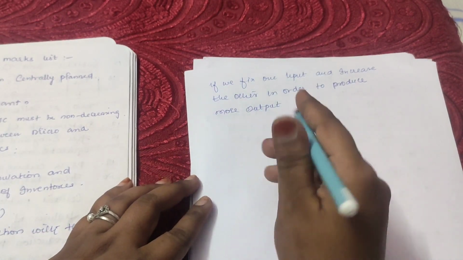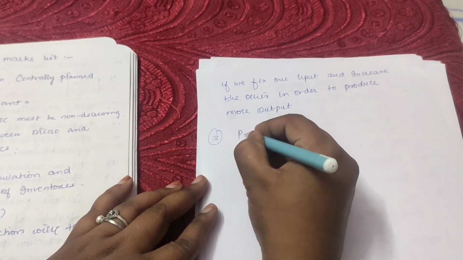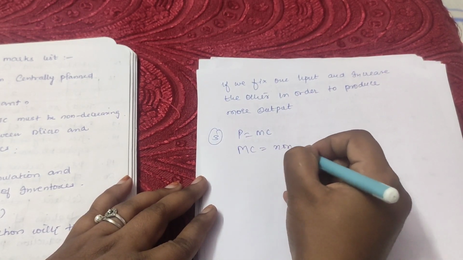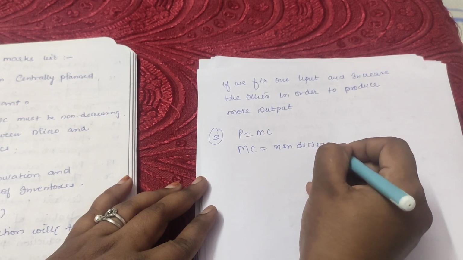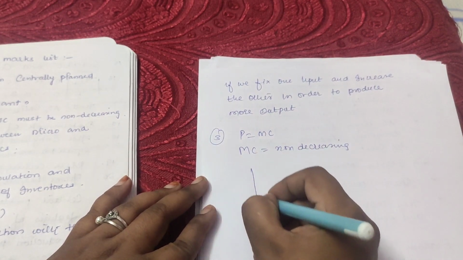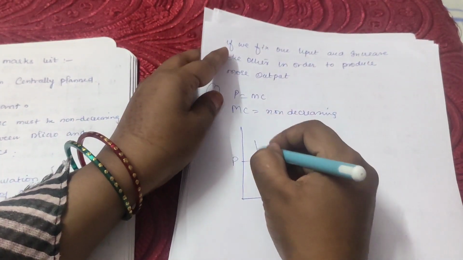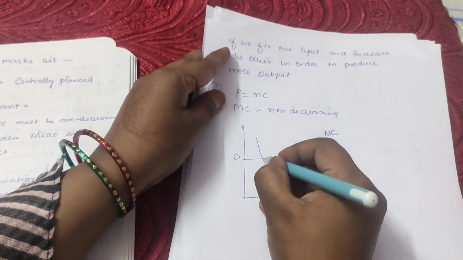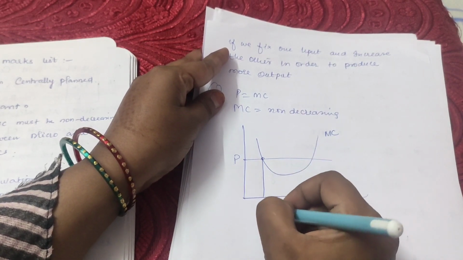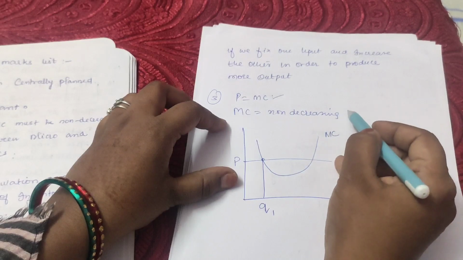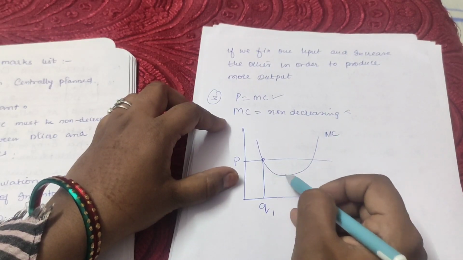Now the third question is P equals MC and MC must be non-decreasing. This is very important. So for that we need to draw a diagram. This is our P, and this is our MC. In this first quantity, P is equal to MC is fulfilled, but the other condition is not fulfilled because MC is decreasing.